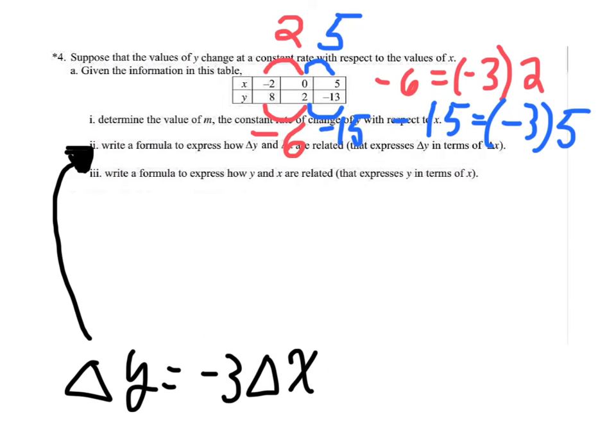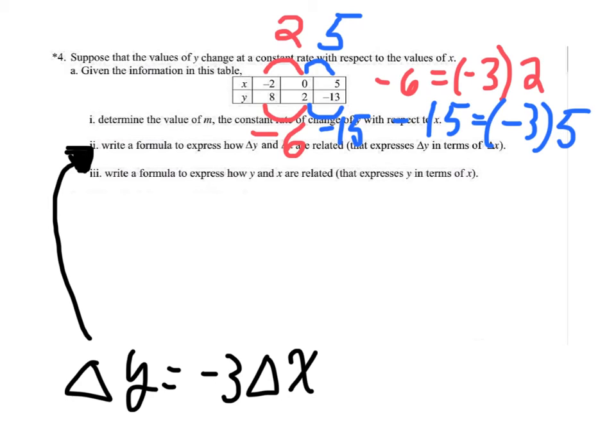But what about a formula to express y in terms of x? Well, recall that we reasoned that when there is a constant rate of change between x and y, the graph of that relationship between these two variables is a straight line, and the constant rate of change is the slope.